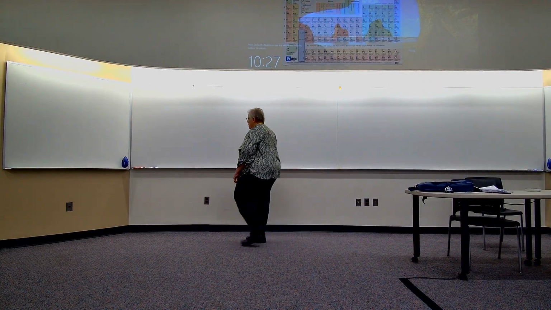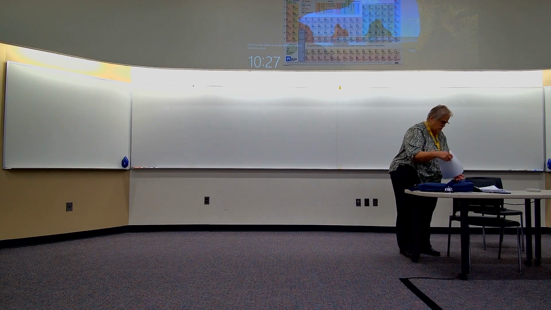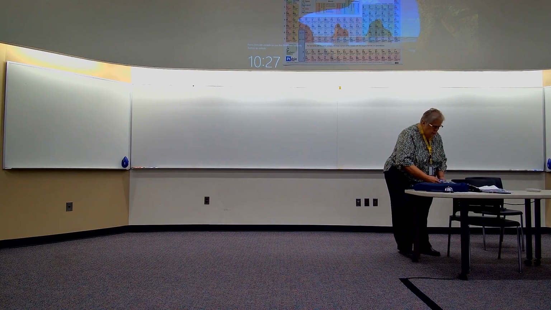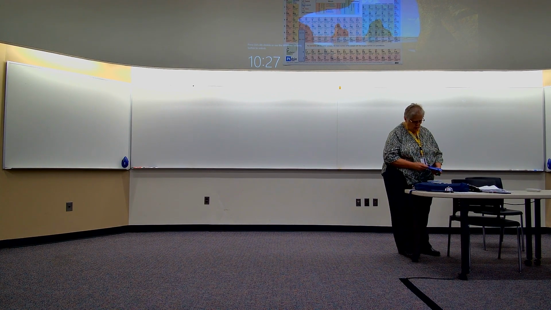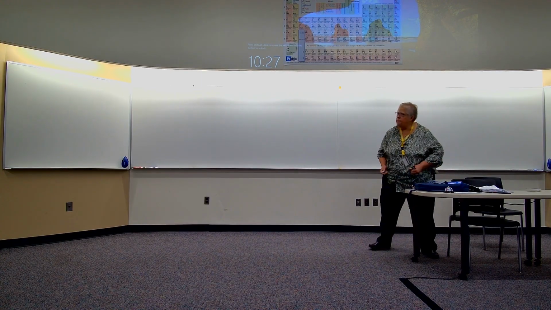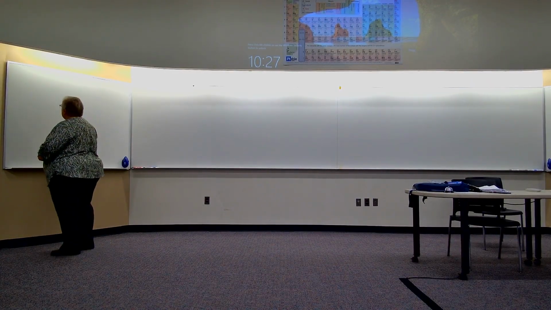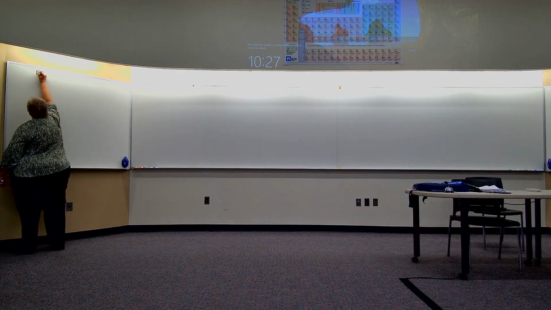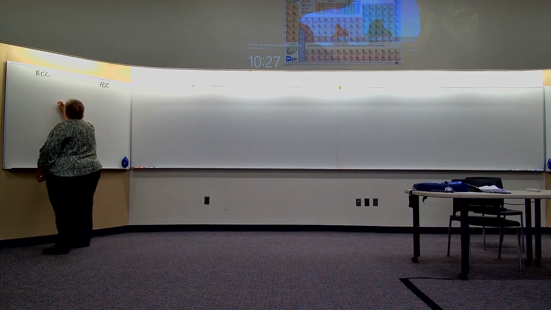So, last time we arrived at a visual understanding, for BCC and for FCC, of where permanent deformation happens.